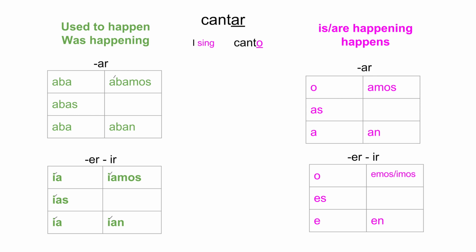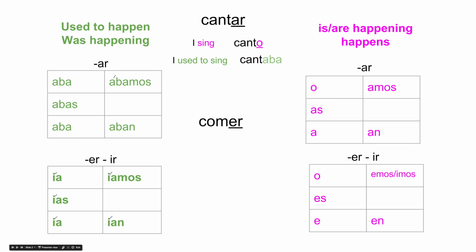And you go to the pink, I live here, grab the O, canto. I used to sing. Used to sing is a green tense. So, it's AR. I live here. Grab aba. And you get cantaba. Cantaba. I will show you the signals for these in just a little while. I do hand signals with these as well if you haven't seen them yet.